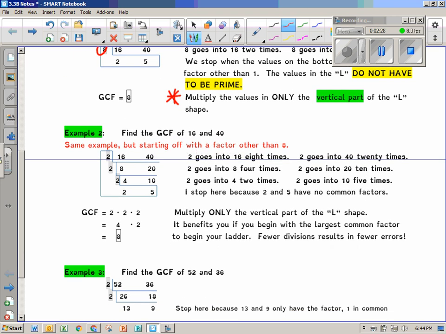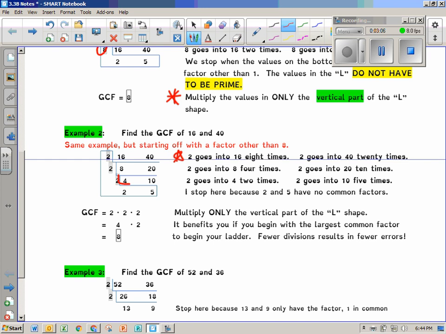Find the greatest common factor of 16 and 40. It's the same example, but I started with 2, just to show you how the ladder can continue. So I wrote over here just what happens. If you start with 2, 2 goes into 16, 8. 2 goes into 40, 20, and then I put another layer in my ladder, or a rung if you will.